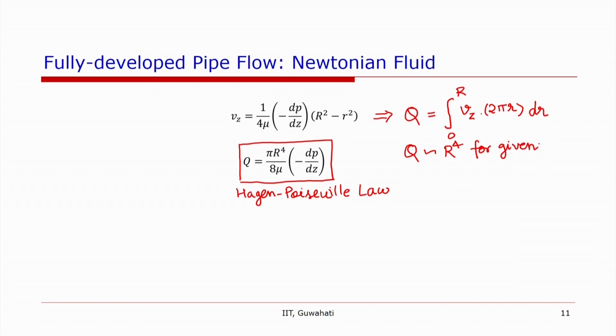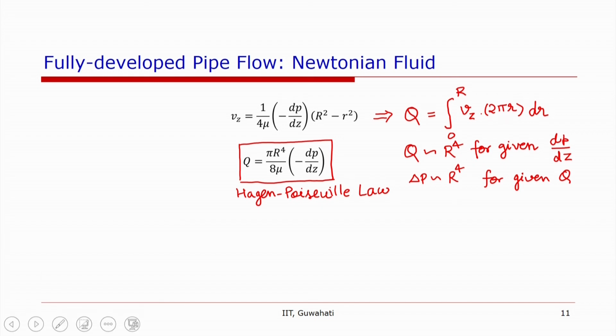For given dp by dz, Q is proportional to r to the power 4, or for given Q, delta P, or delta P by L for that matter, is proportional to r to the power 4. Because L for a channel is a constant, we can say the pressure drop is proportional to r to the power 4 for given flow rate.